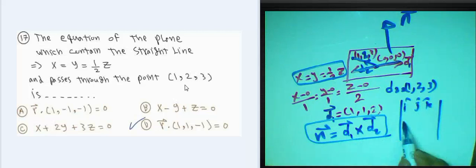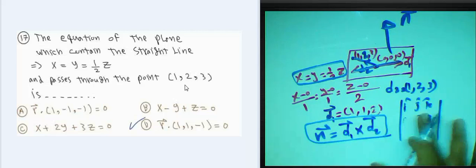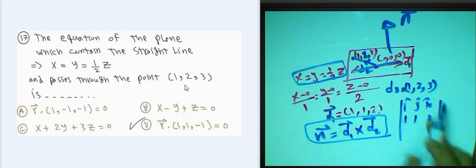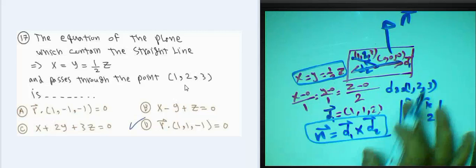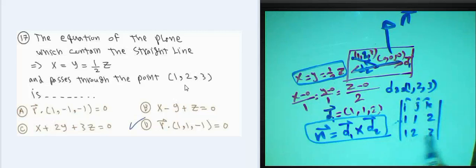I'll write d1 equals (1, 1, 2) and d2 equals (1, 2, 3). You can replace them as you like, never mind, because the sign will be reversed, and you can put a negative outside as a coefficient to find the result.